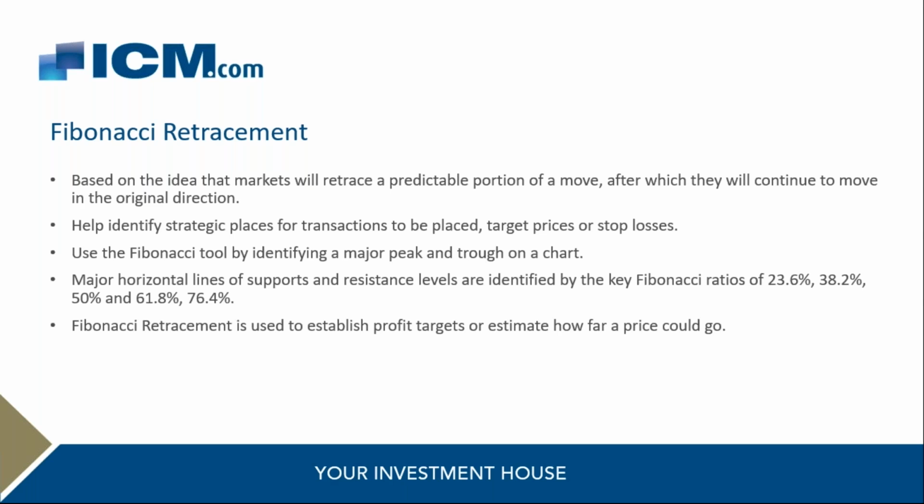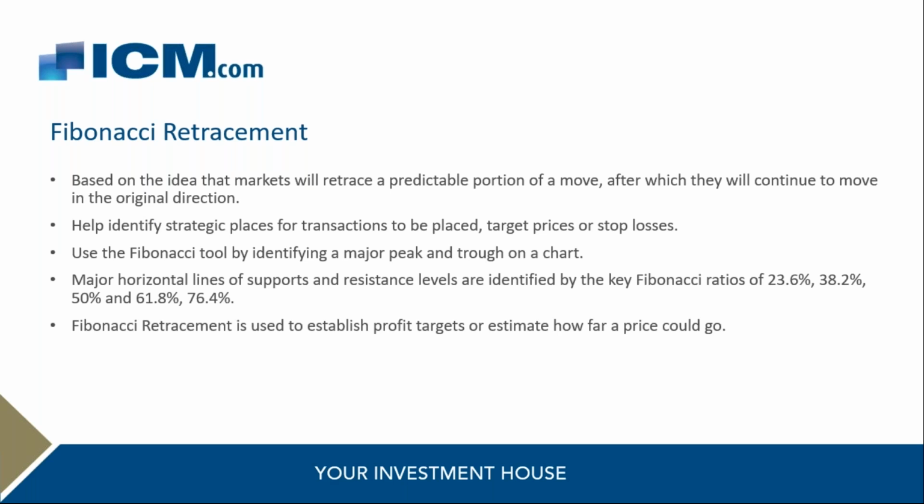For example, when a market is moving in one direction, this level gives an indication of when to buy, or when to place a stop, extend the profits or give the stop loss. The Fibonacci retracement is based on the idea that markets will retrace a predictable portion of a move, after which they continue to move in the original direction. That means in a one-sided market, there is a possibility of a correction down for a few levels and then a bounce back again.